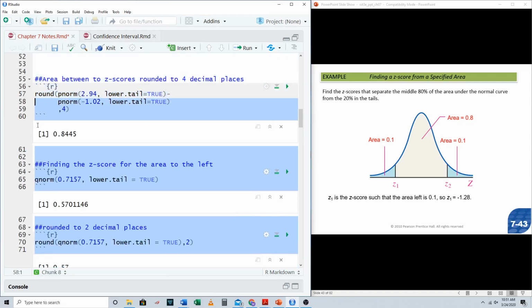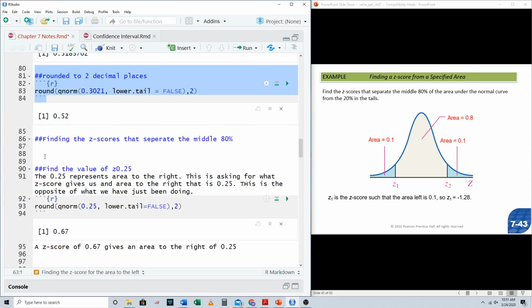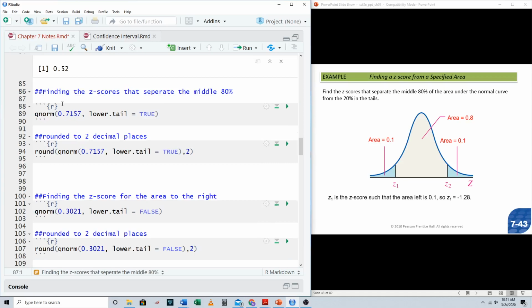So again, since it's 80%, that means 20% for the tails.